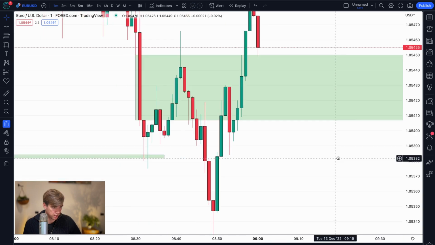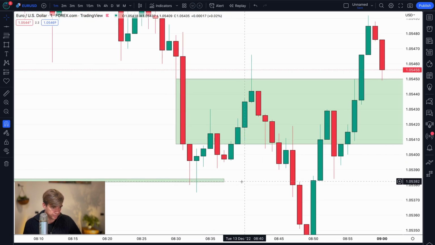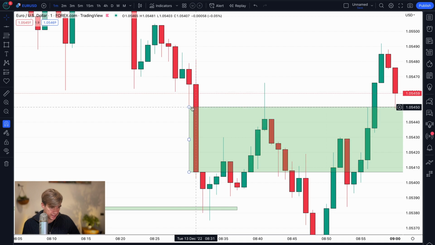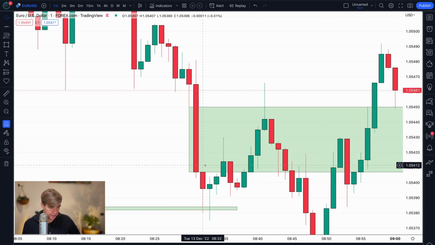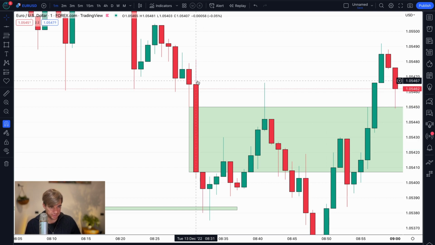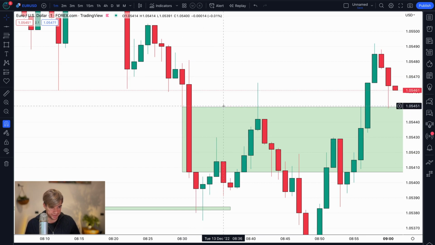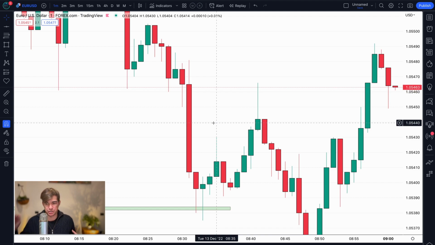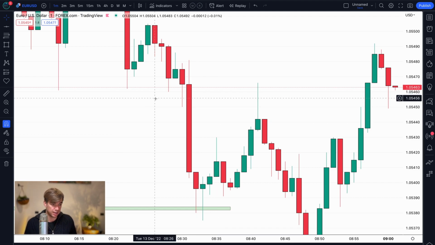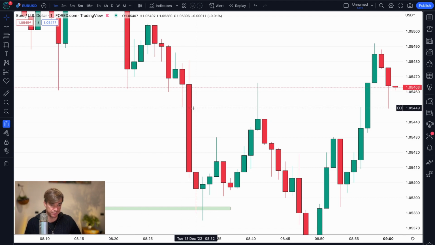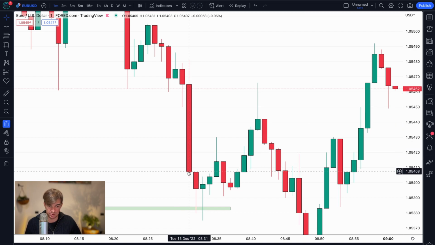So if you take this, you can see the value gap from that candle down to there. If you're confused about what I'm talking about, let's zoom in. It's the gap from this wick here to that candle there. There haven't been buyers for the selling that happened. So imagine someone did a big order and someone sold here and the price went from 105 all the way down to 105.4.